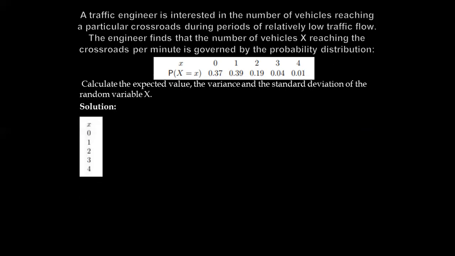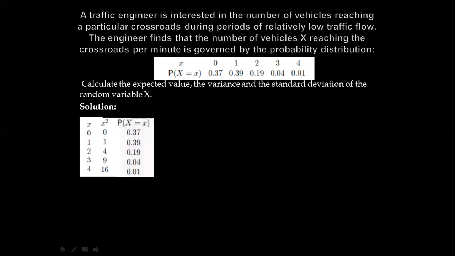If we proceed now with the solution, we have to establish x in the leftmost column. For the second column, we square the given values of x: 0 squared gives us 0, 1 squared is 1, 2 squared is 4, 3 squared is 9, and 4 squared is 16.